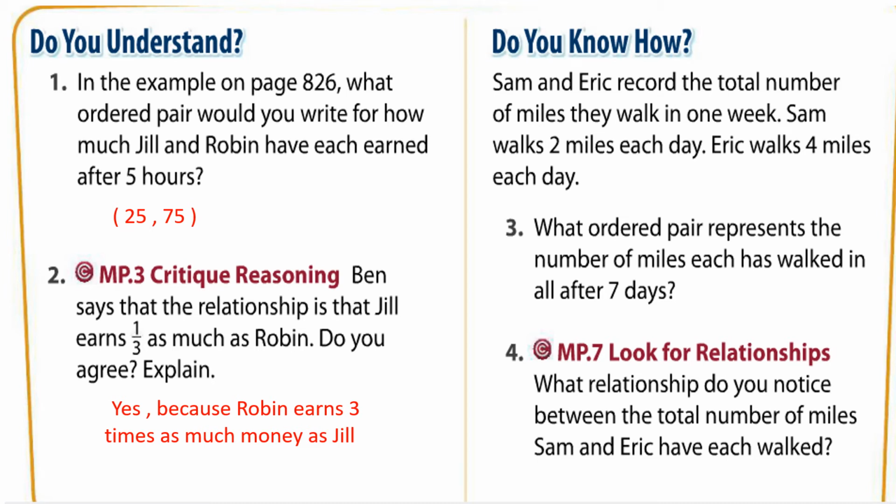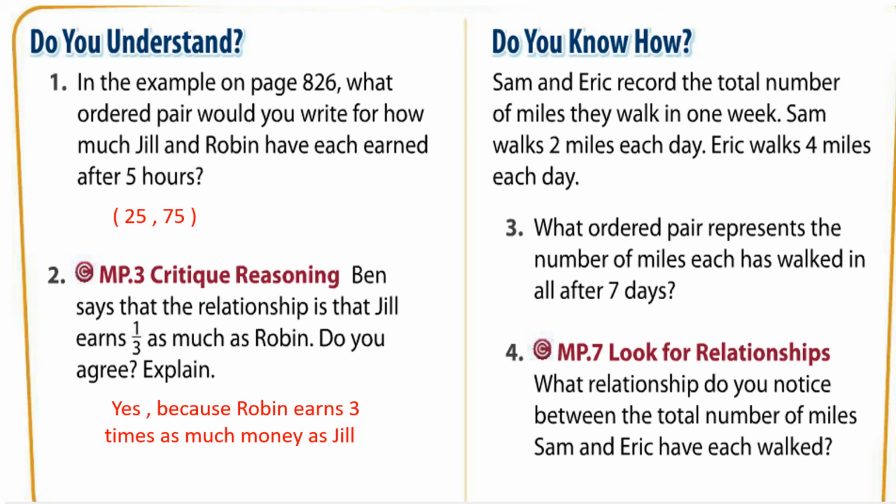For question three, he said here Sam and Eric record the total number of miles they walk in 1 week. Sam walks 2 miles each day. Eric walks 4 miles each day. The question is: what ordered pair represents the number of miles each has walked in all after 7 days?